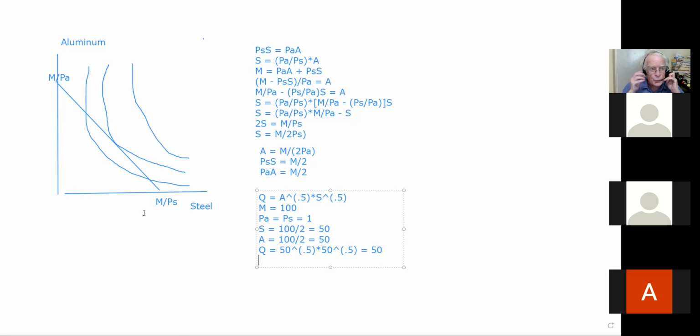Questions about that exercise? If you have had calculus, you can solve the problem in another way. Not required for this class, but it just provides you with an alternative. So this is to maximize production given a budget constraint.